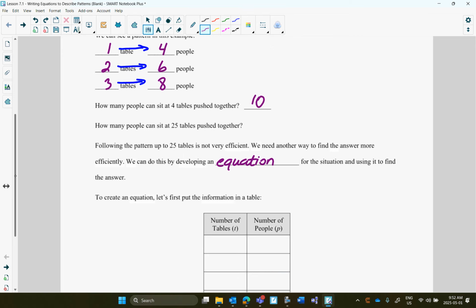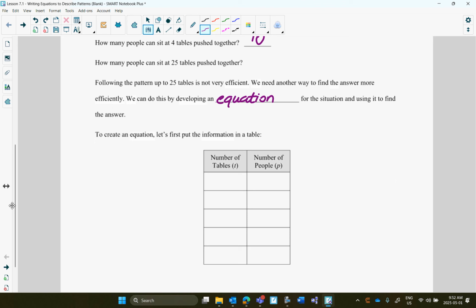So let's say we put this information in a table. So we had 1 table, 4 people, 2, 6, 3, 8, 4, 10, 5, 12. Like I said, we can see a vertical pattern.